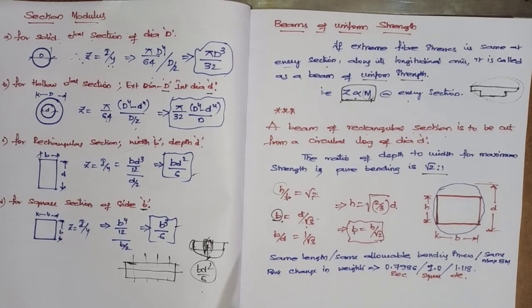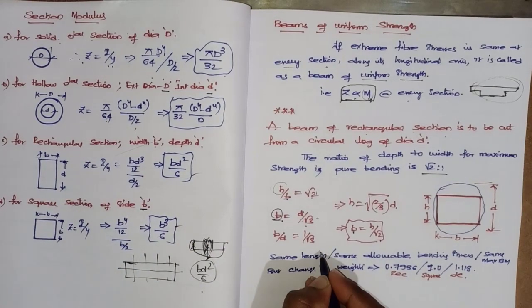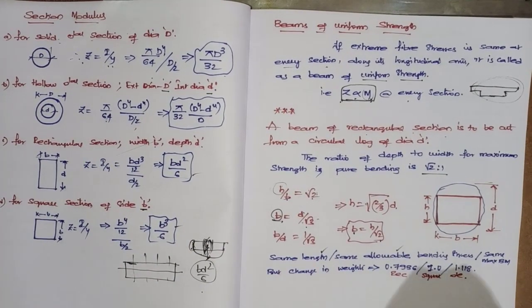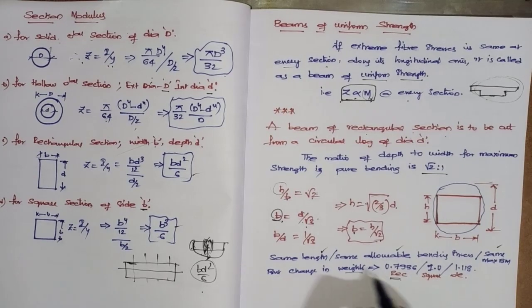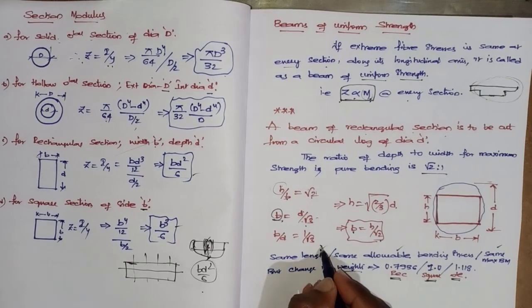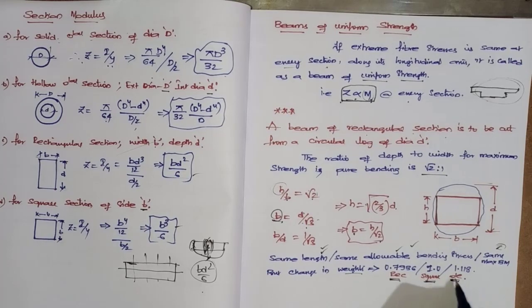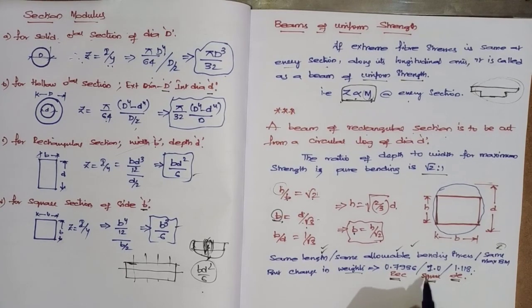Now here, suppose I take beams of different shapes having the same length, the same allowable bending stress and the same maximum bending moment developed, but there will be a change in weights. Consider a rectangular, a square and a circular beam. If I consider a circular beam, the length, allowable bending stress and maximum bending moment are the same, but the weight of that circular beam will be 1.118 times that of the square, which means 11.8% more.